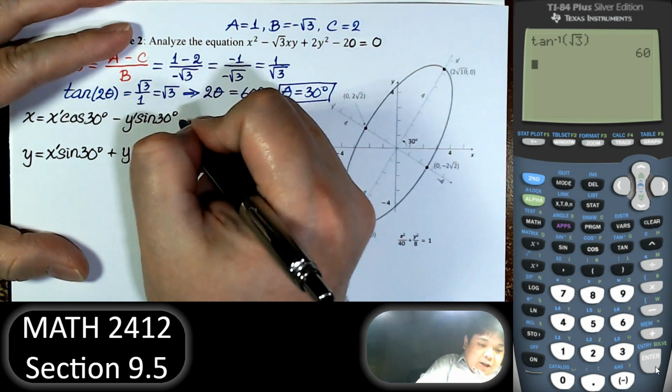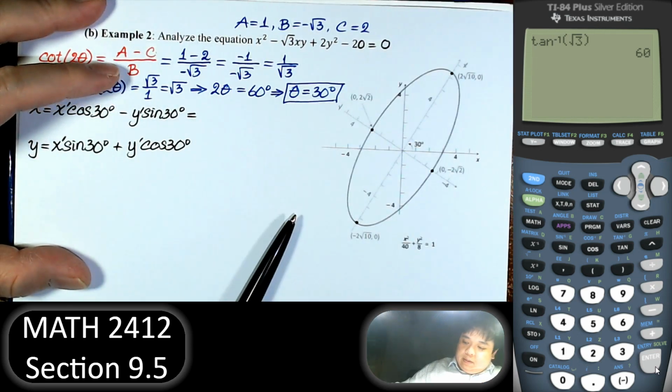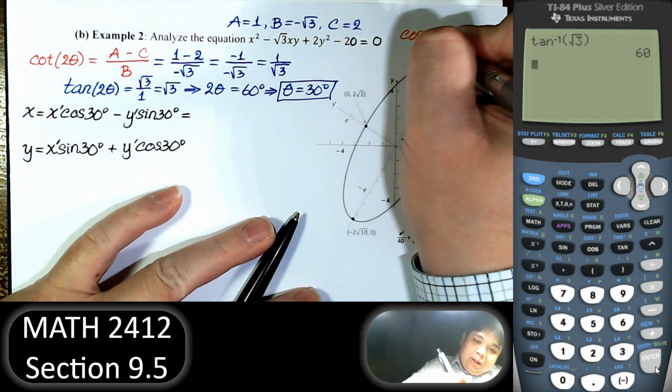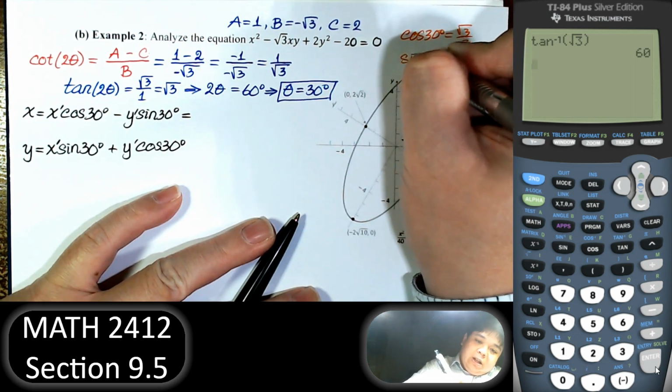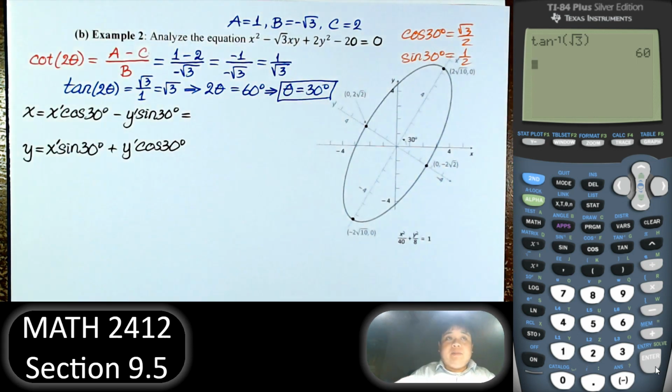Right. Cosine of 30 degrees is square root of 3 over 2, and sine of 30 degrees is 1/2, right?